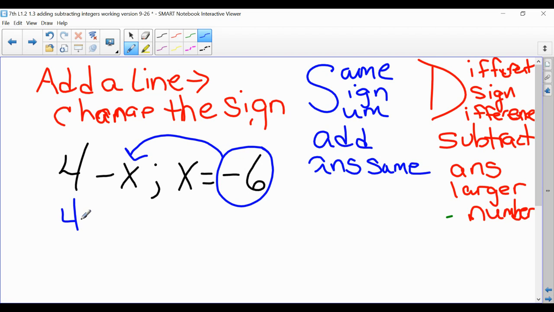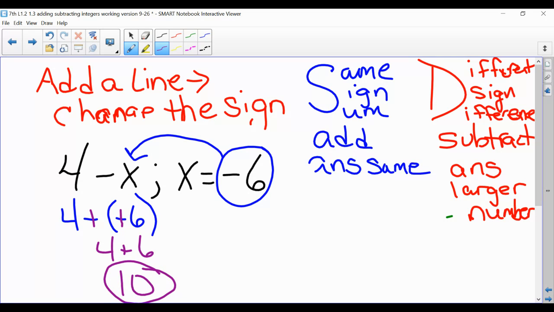So we have 4 minus, and then that x is -6. So our math problem now becomes 4 minus -6. So when we add a line, change the sign, our math problem becomes 4 plus 6. Same sign sum becomes 10. Answer stays the same. So our answer is a positive 10.